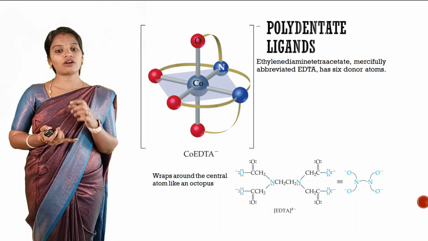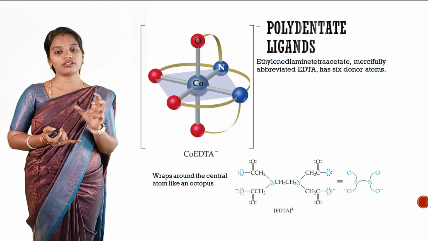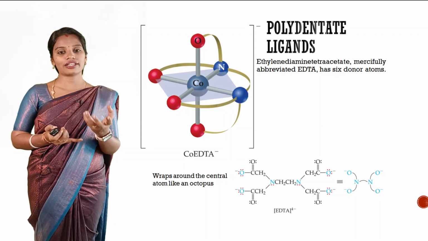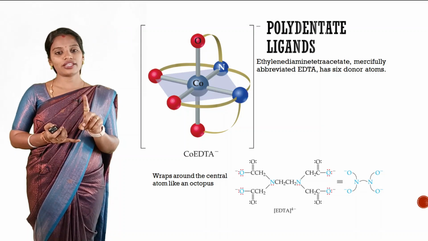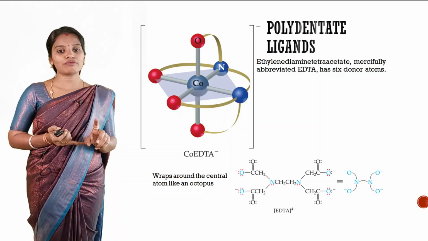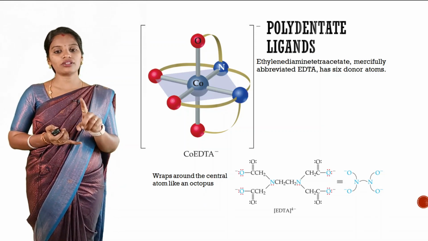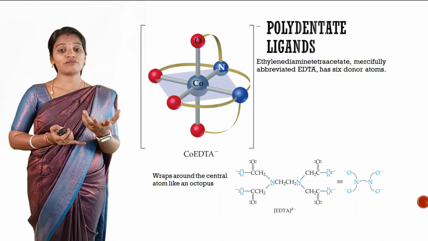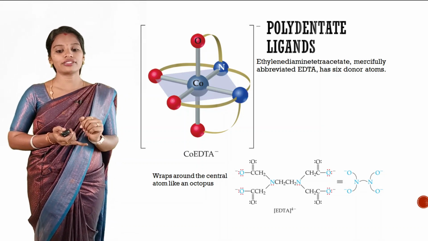So in this EDTA complex, the EDTA ligand has 6 donating atoms within a ligand. From these 6 donating atoms, 2 are nitrogen and 4 are oxygen. So all the 6 donating atoms from the ligand EDTA will form an octahedral structure.